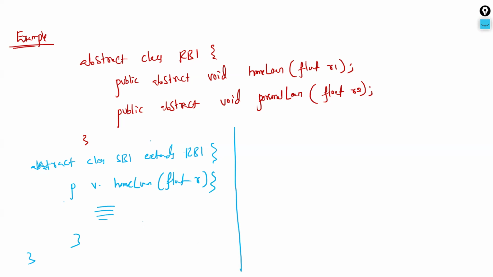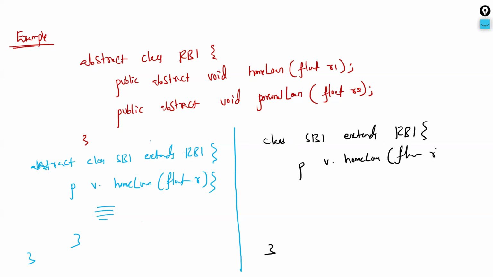This is one solution. Otherwise, the class SBI has to inherit the RBI class and give the body for both public void home loan with its parameter and body, and also public void personal loan with float R1. So R1, R2, keep it the same.